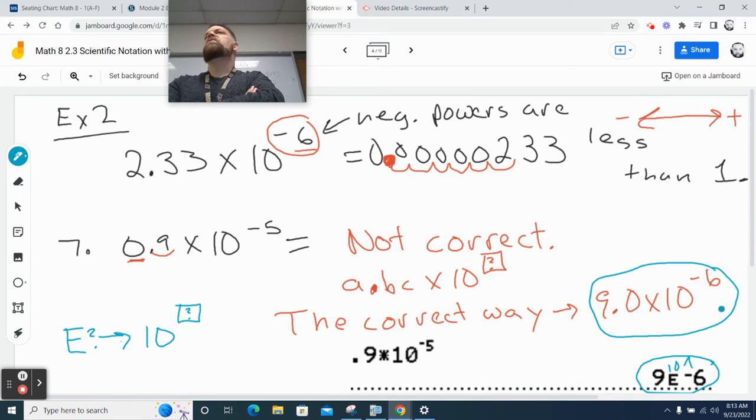There are some rules where I'll say if you move the decimal to the right, then you increase it. But see, what happens is kids forget what they're moving, right? So if I'm converting a number to scientific notation, we move the decimal a certain number of spaces. But if I take scientific notation and convert it to the number, I move in the opposite direction. So if I say you move left this way, you increase by 1.